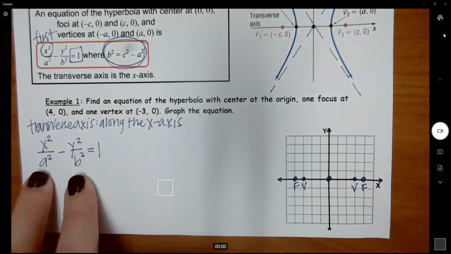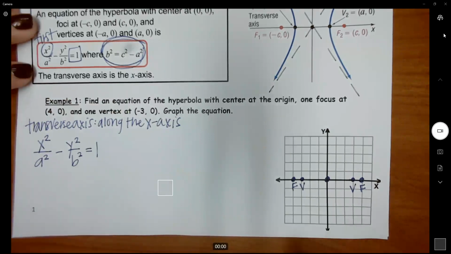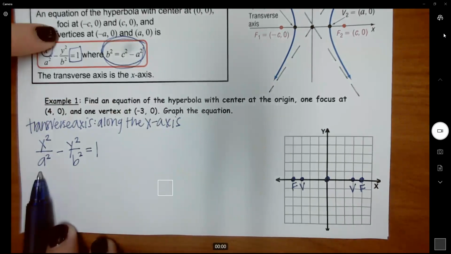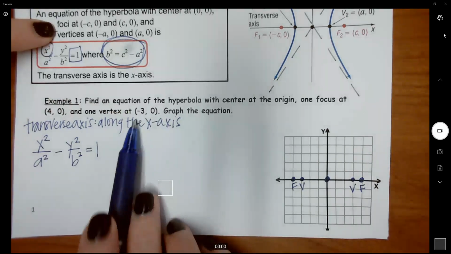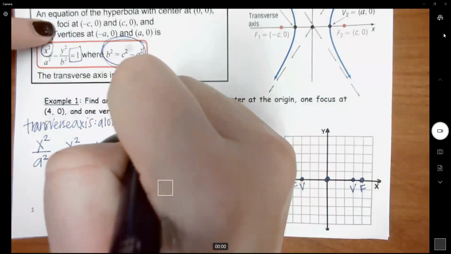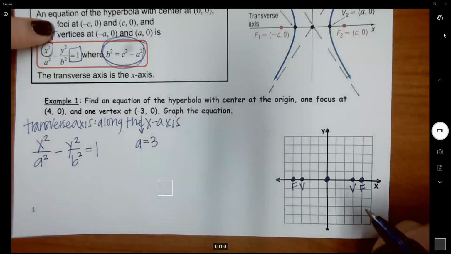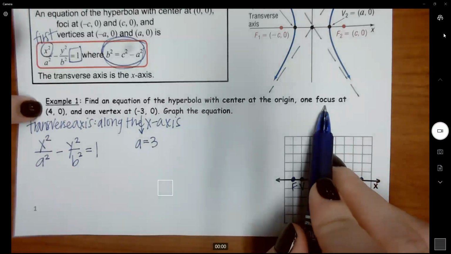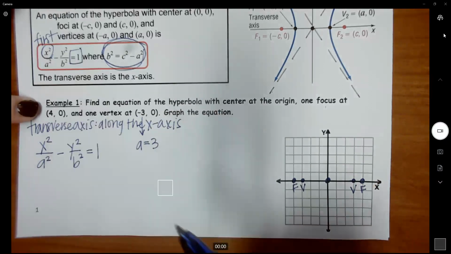So now I just need my a and my b. Well, I have at least one of those. My a refers to my vertices. Well, my vertices are at -3 and 3. So that means that a equals 3. Then my focus is at 4, 0. My foci we label with the variable c.